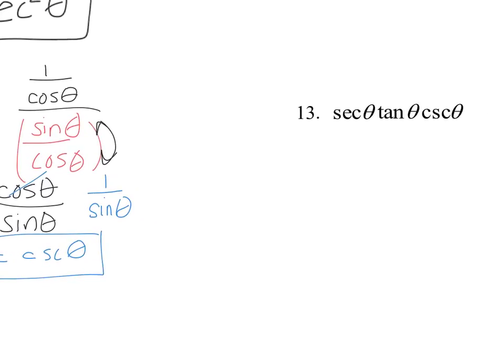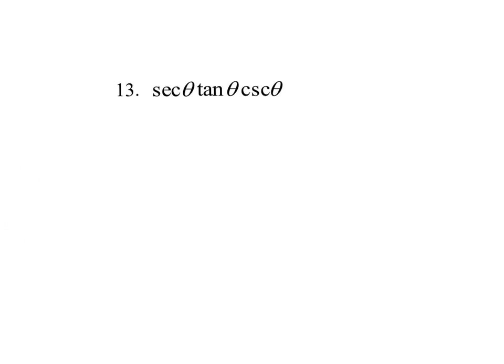Okay, number 13. I'm going to write all of these in terms of sine and cosine. So secant of theta is 1 over cosine theta. Tangent of theta is sine of theta over cosine of theta. And cosecant of theta is the same thing as 1 over sine of theta.